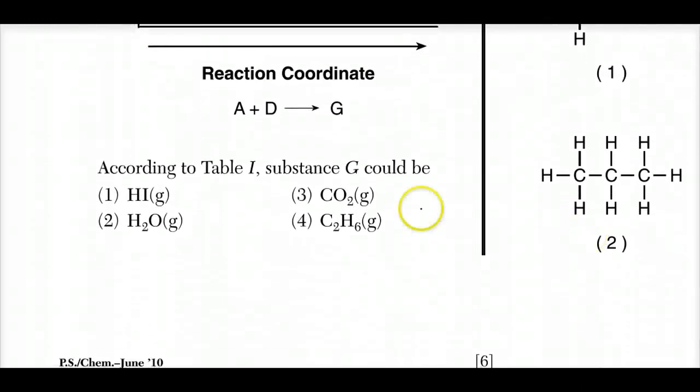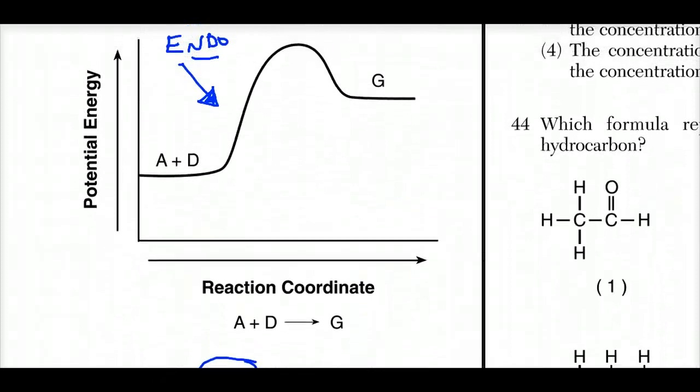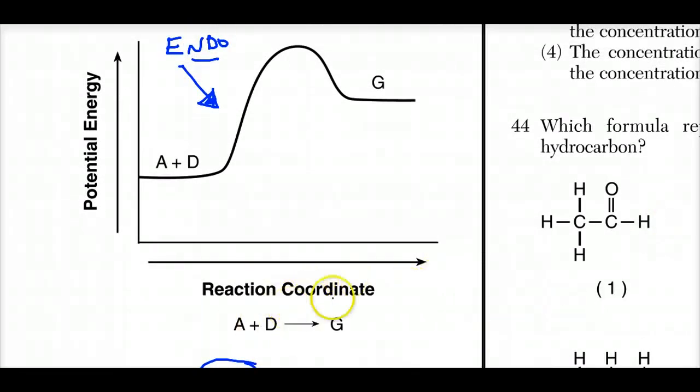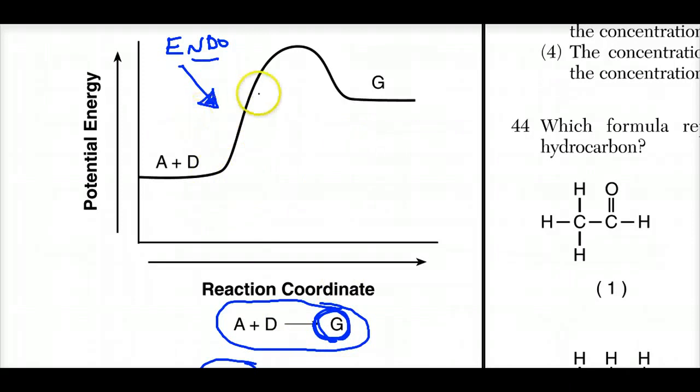Okay, so in any case, let's see what the question reads. According to table I, so I guess we have to go there. Substance G could be, well, think with me for a second. This is a formation reaction or a synthesis reaction. This is that heat of formation table that the Regents has tried to put together. So making a compound from its elements, and boy, that reaction looks endothermic, which means you're starting low and going high. The delta H is going to be positive for endothermic.